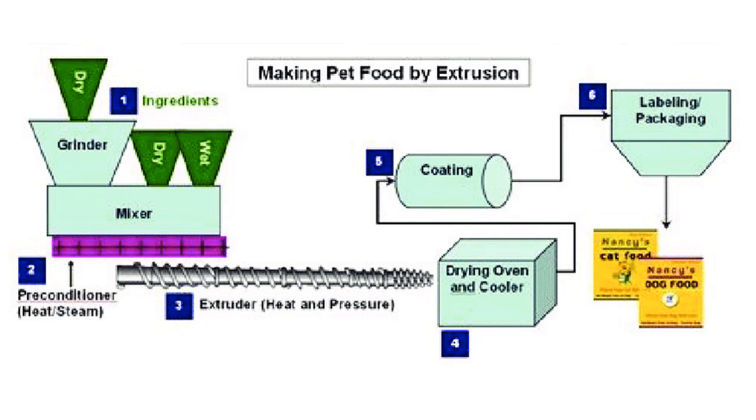Then it goes to the extrusion, which is a high heat and pressure processing, and finally it comes out in different shapes and sizes as per the mold used. Then it undergoes a drying oven and then cooling in number 4. Then number 5 is coating or flavor enhancing, and number 6 is packaging. So this is a brief understanding about the making of dried pet foods.